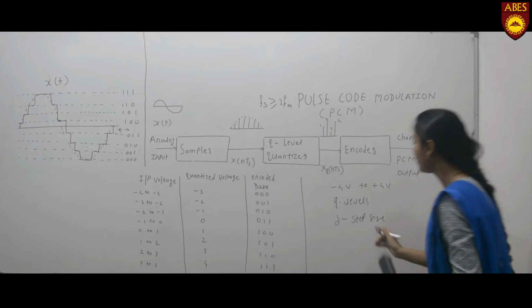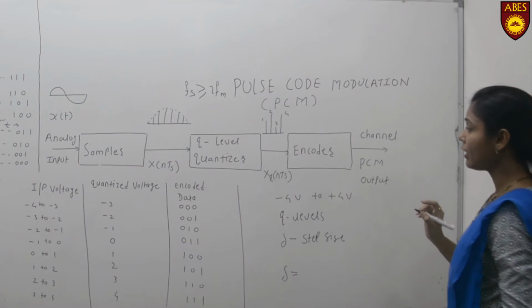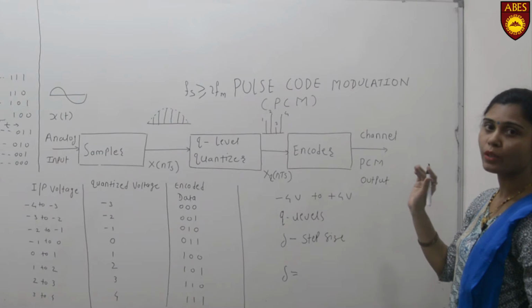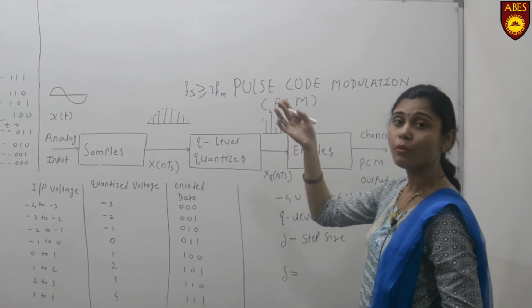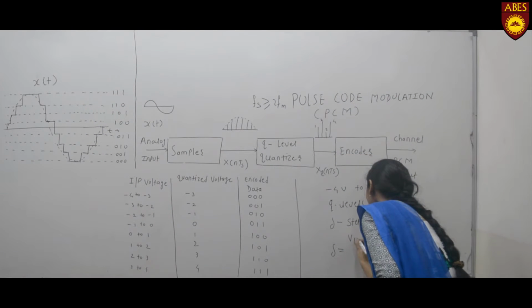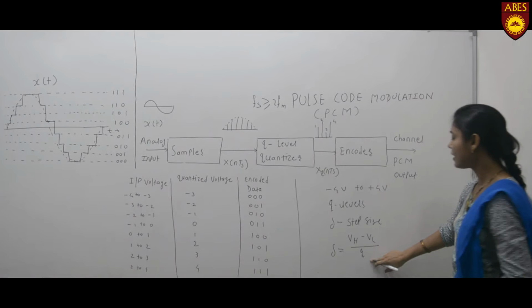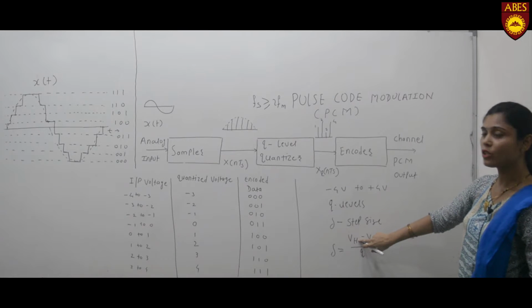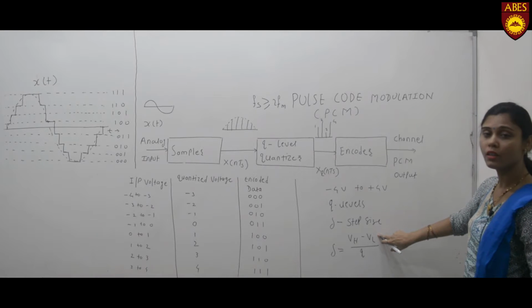If we have the input signal x of t, whose maximum swing is between VH and VL, then delta is equal to (VH minus VL) divided by Q. Q is the number of quantization levels, VH is the maximum voltage of the input signal, and VL is the minimum voltage level of the signal.